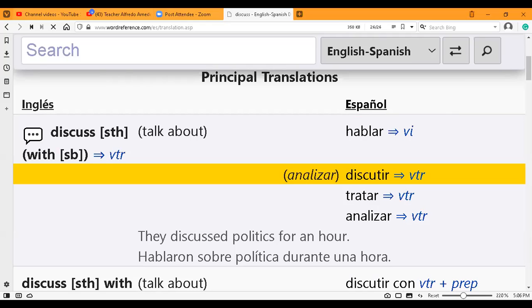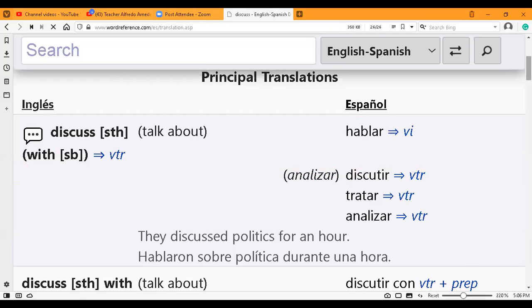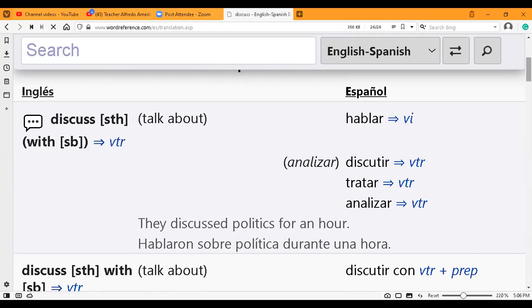it. Okay? For example, if we're going to talk about language acquisition. Language acquisition is how do people learn a language? So people learn a language like this.